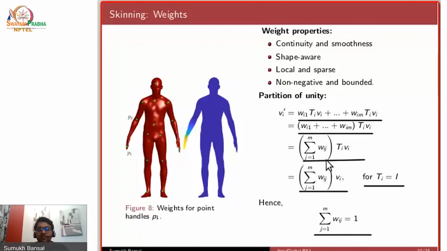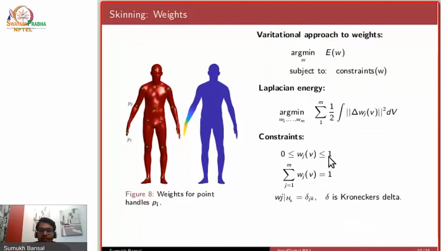Now, based on these properties, weights can be computed using an energy minimization framework, where an energy is defined in addition to some constraints. One can use different types of energy functions. One popular one is called the Laplacian energy, and you might have seen it in one of the earlier sessions in the summer course.